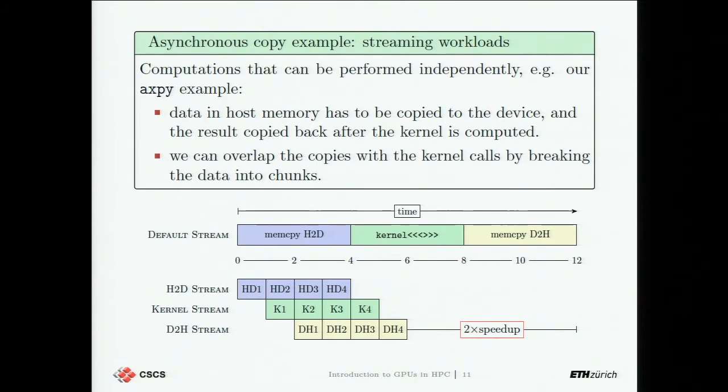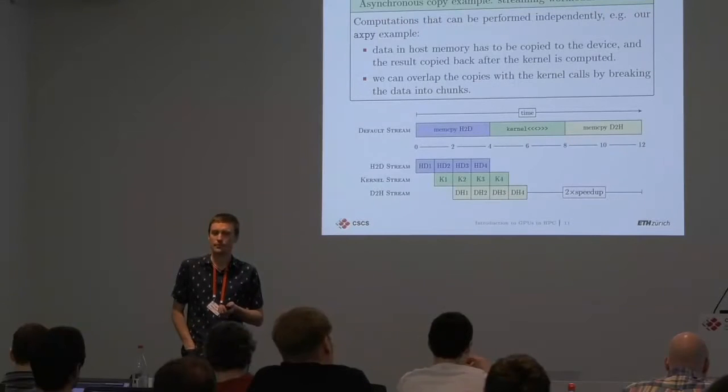Is there any benefit to having a different stream for copying from host to device and from device to host for the same chunk of data? Or should you just assign a stream to the first chunk to copy there and then copy back? Probably fairly similar.